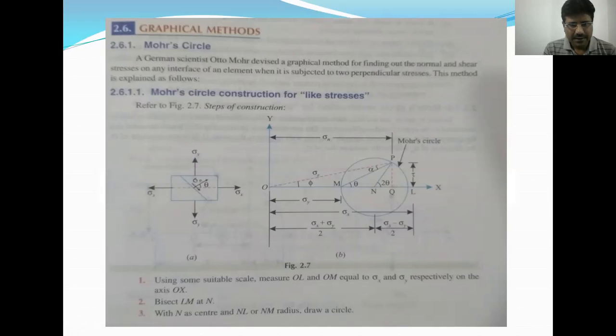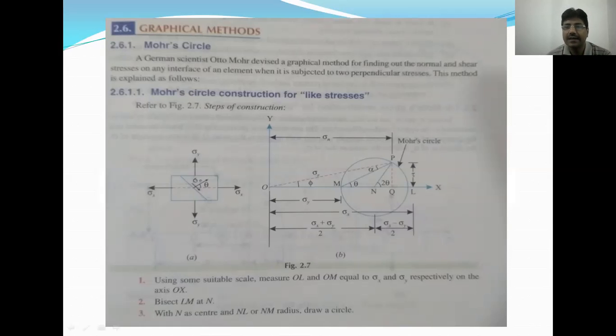So we are given sigma x, sigma y, sigma x, sigma y, and if we find a plane that is inclined at an angle of theta from the horizontal, and this plane doesn't have any shear stress, this plane will be known as the principal plane.